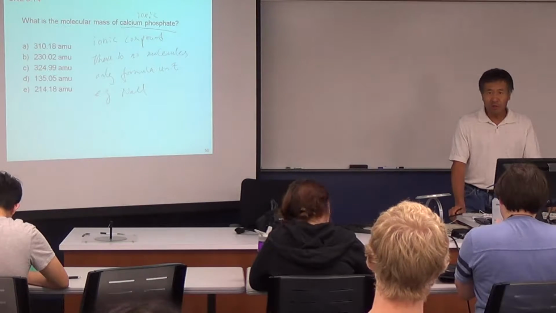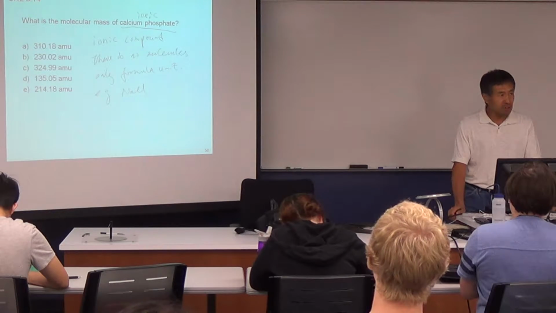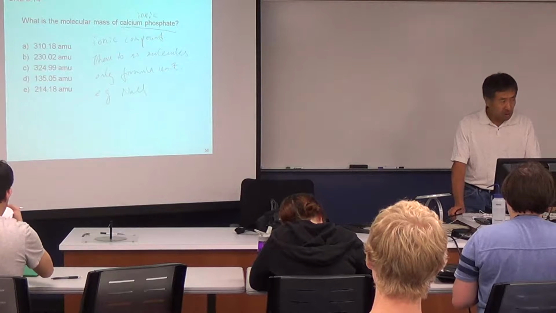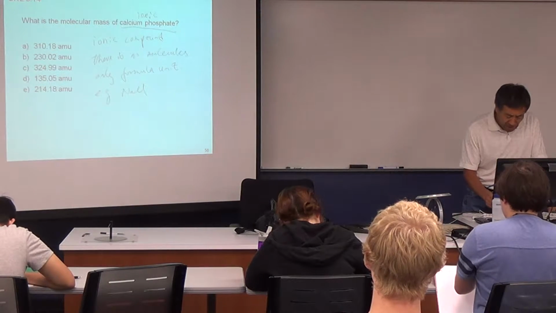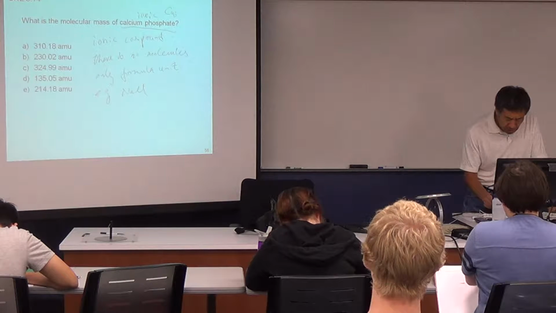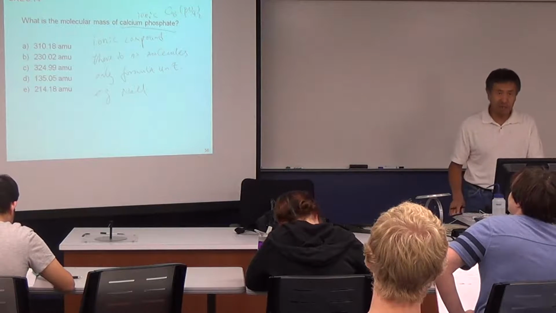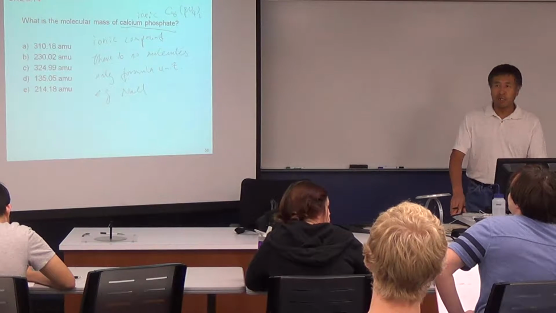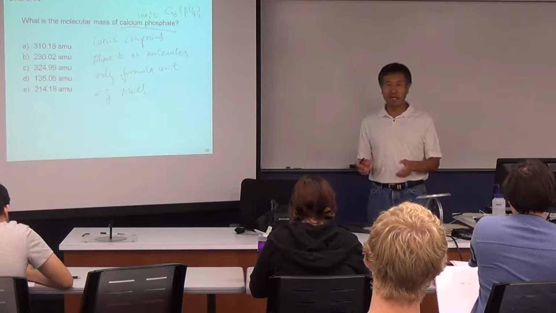For the ionic compound or the molecular compound, obviously you want to get the formula first to calculate the formula mass. So this ionic compound has the formula Ca3(PO4)2.